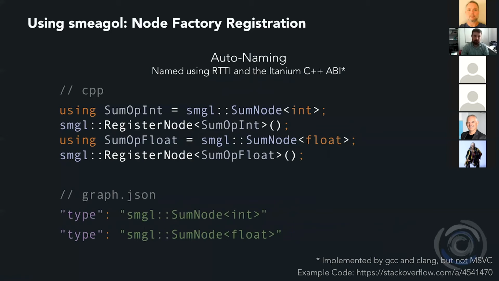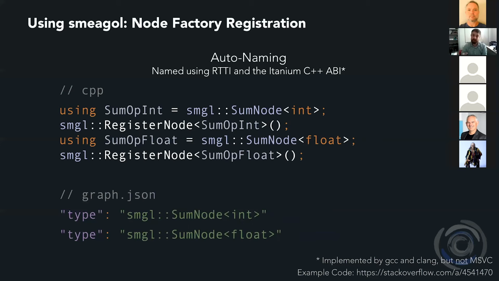So we actually use auto naming. If you're unfamiliar with the concept of RTTI, runtime type information, there is a way in standard C++ that you can query what type an object reference or an object pointer is, what its fundamental type is. So even if it's inherited from something, you can find out what its type is, and you can even ask it for its name.